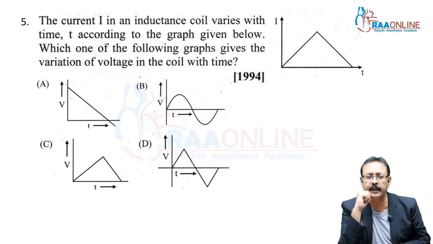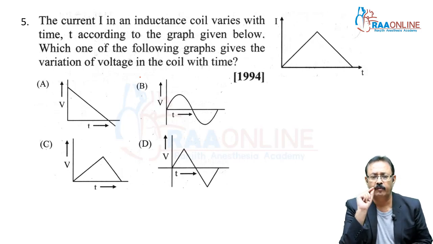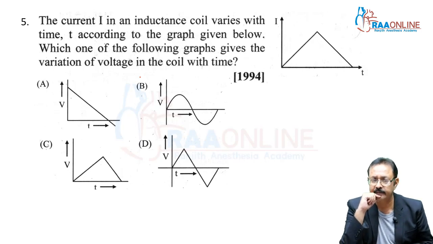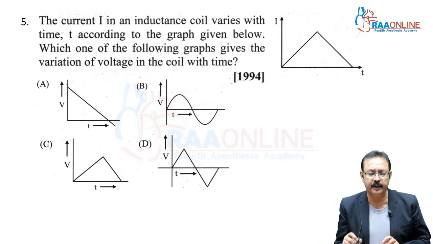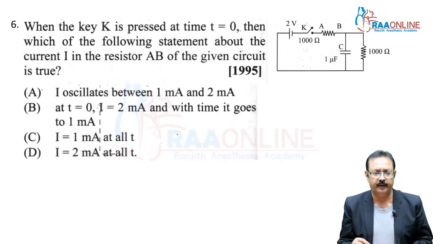It is an inductance coil. What is happening in an inductance coil? Voltage is always leading the current. So that's why voltage decreases continuously. So we will go with option A.